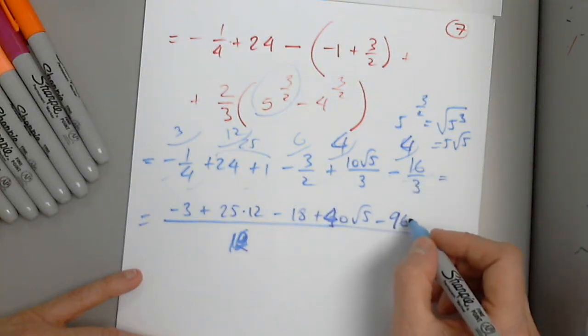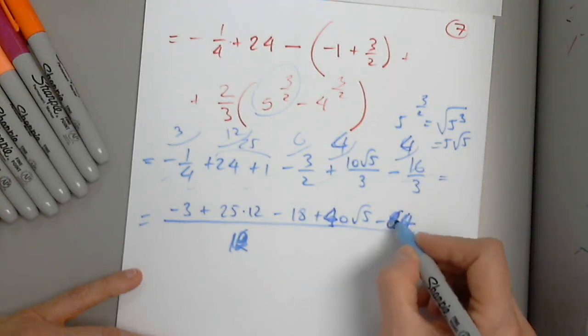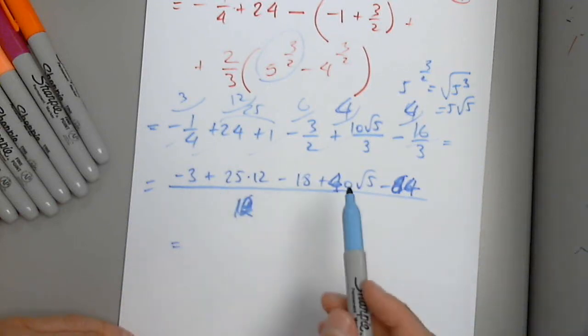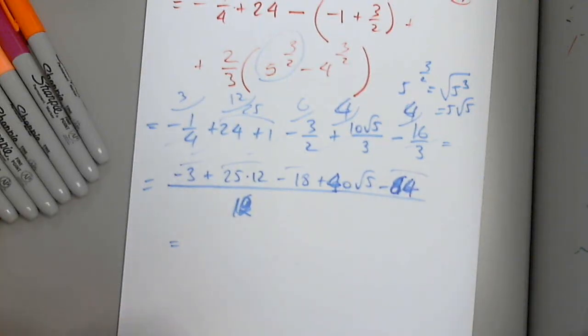Is it 64? Yes. That's what I mean. I don't want you to waste your time on this. So if you can give me these numbers. I didn't pull my calculator up. So negative 3 plus 25 times 12 minus 18 and minus 64.